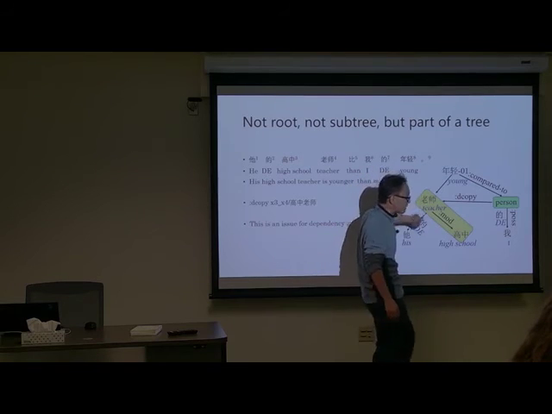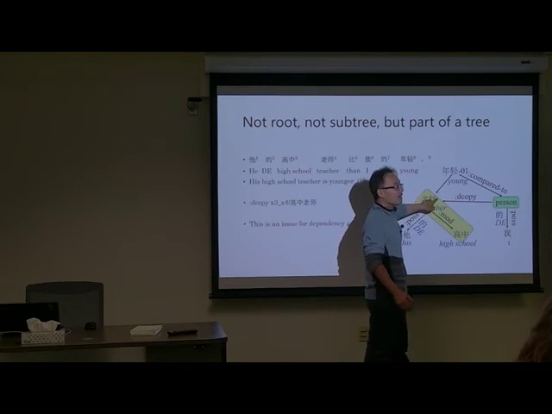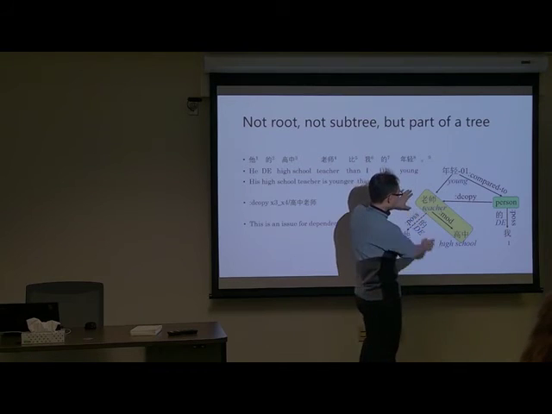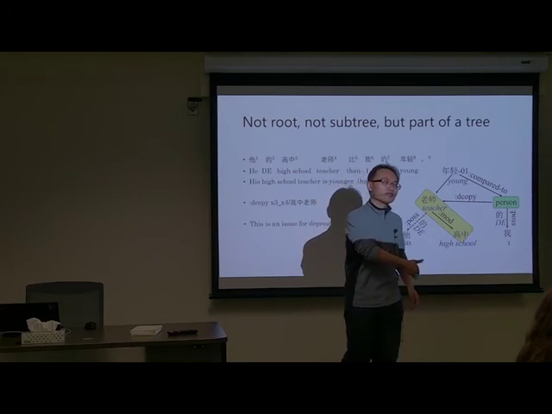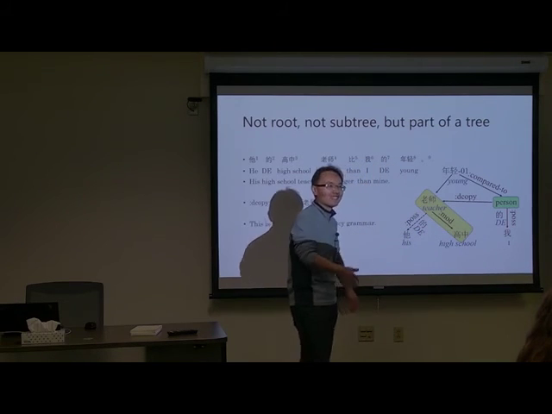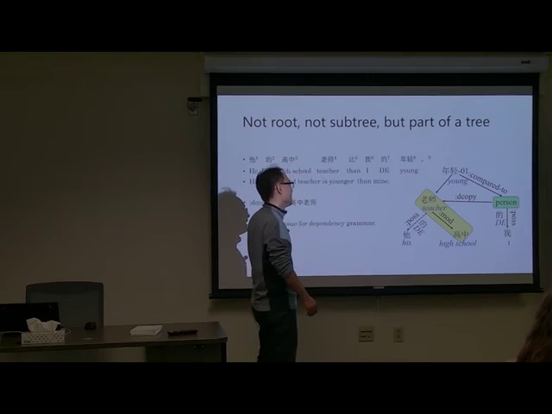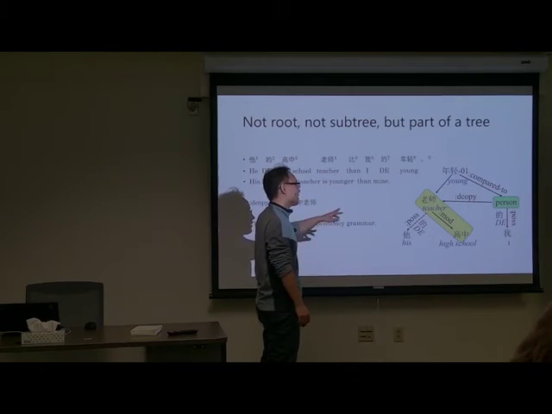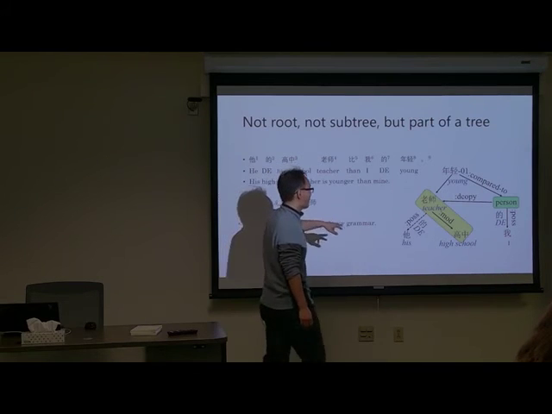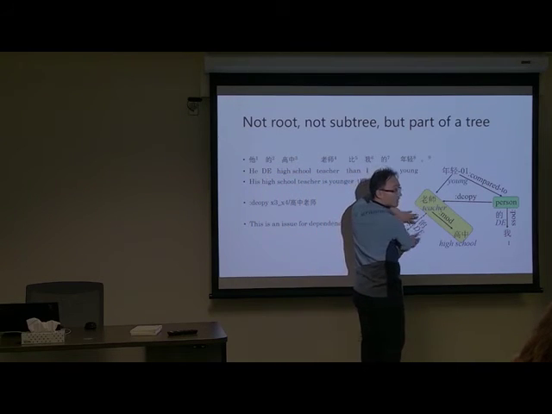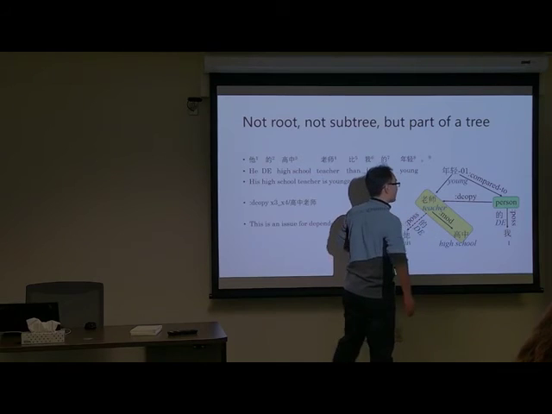Like if we put this subtree, oh, that's a disaster because he's comes here. So this is only part of a subtree. That's crazy. So this is a problem for dependency structure because there are two layers here, two layers.